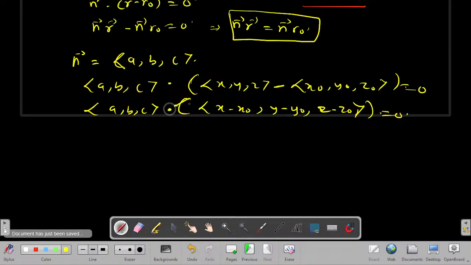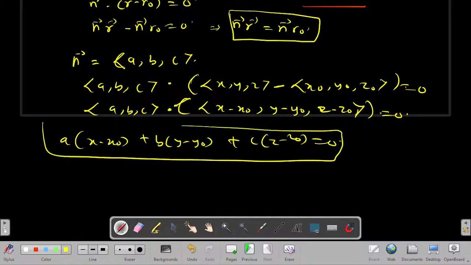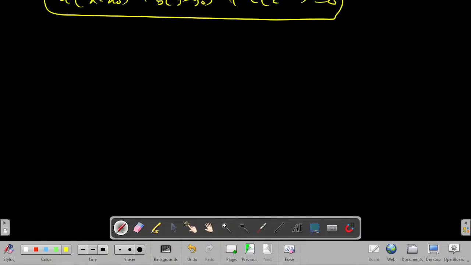Remember, the dot product says that you take one item, multiply it by the corresponding item, then you add. So I'm simply going to have a multiplying x minus x naught plus b multiplying y minus y naught plus c multiplying z minus z naught should be equal to 0. At this point, you simplify, and you are supposed to get your rectangular equation of a plane. As simple as that, right?